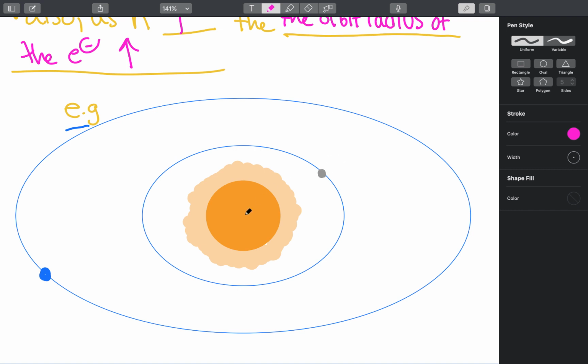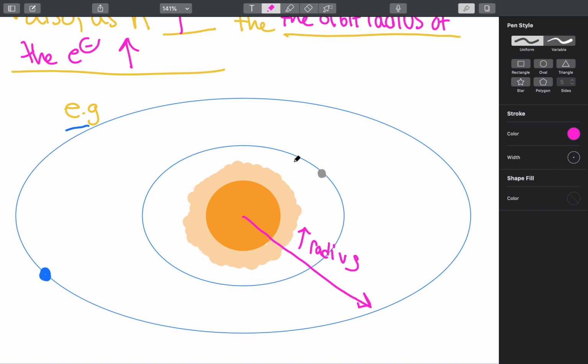So here we have the sun, and here we have maybe Mercury, and here's Venus or Earth. So you'll note that as we go farther and farther out into the solar system, the orbit radius of the different planets increases. So as we go from the sun outward, we see an increasing radius.